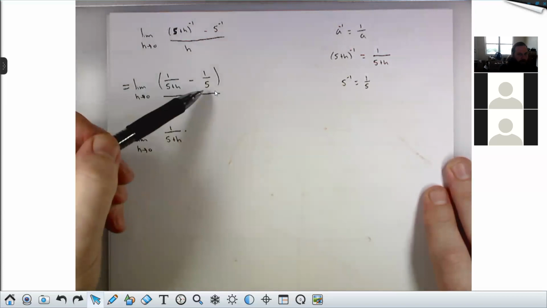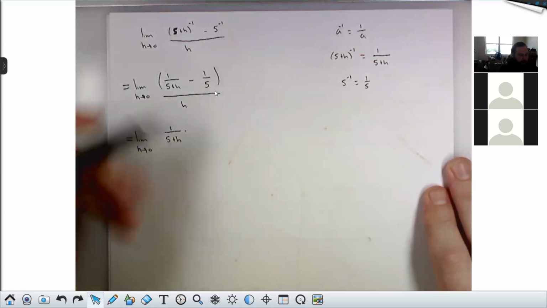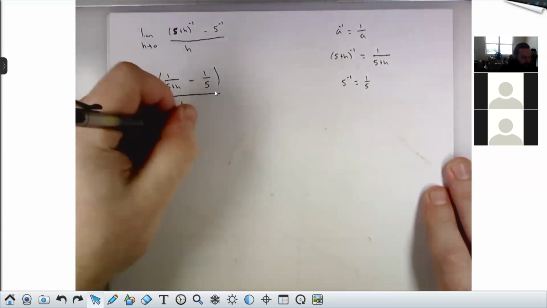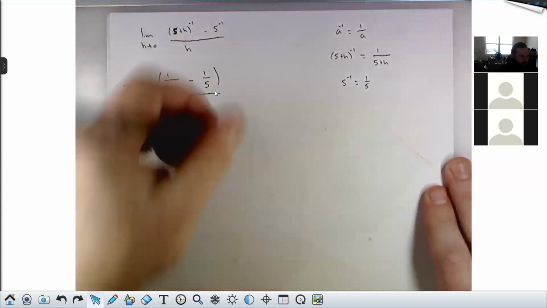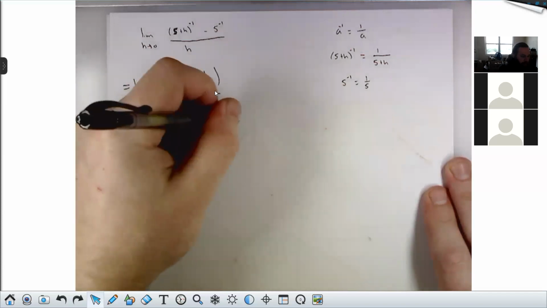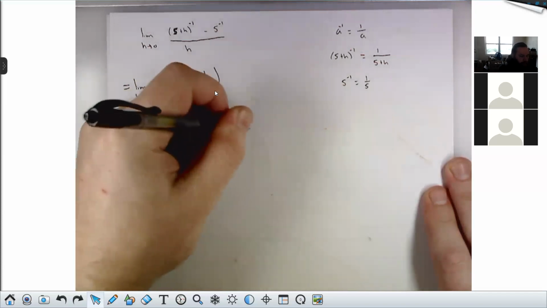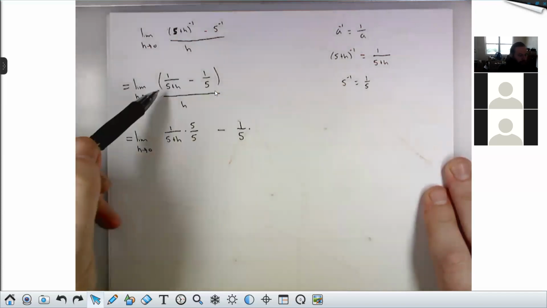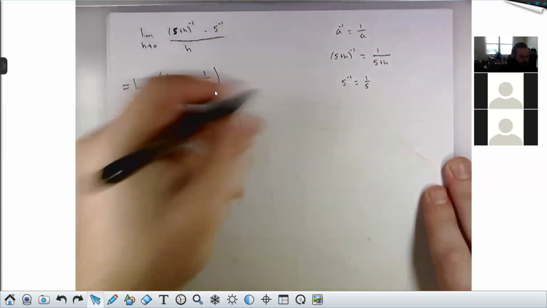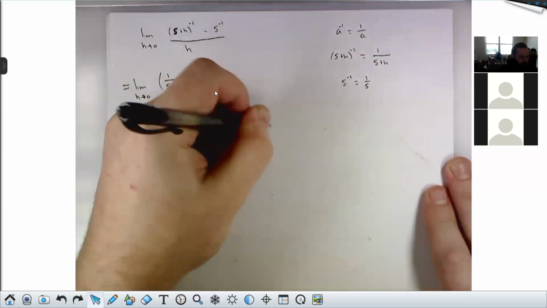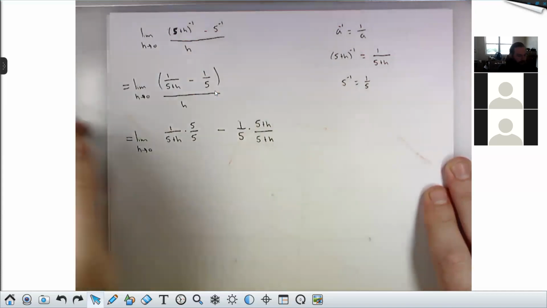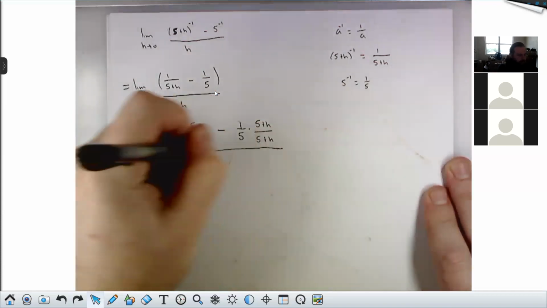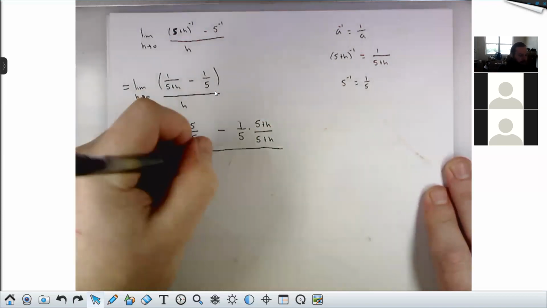This guy has a factor of 5, this guy has a factor of 5 + h. So to get this guy the factor of 5 that he's missing, I'm going to multiply by 5 over 5. And then I've got minus 1/5. To get this guy the factor of 5 + h that he's missing, I'm going to multiply by (5 + h) over (5 + h). And then everything still being divided by h.